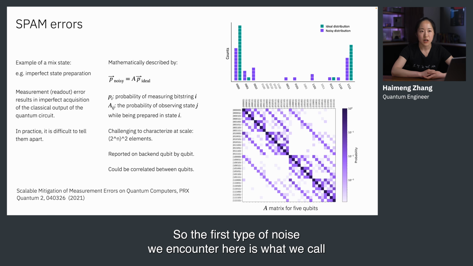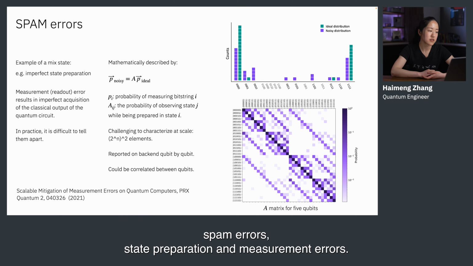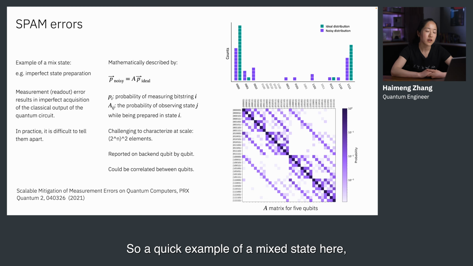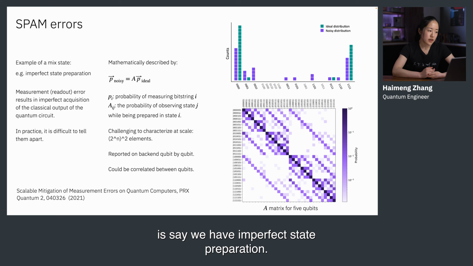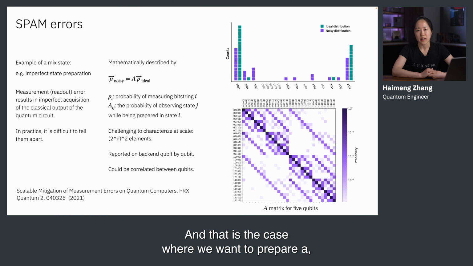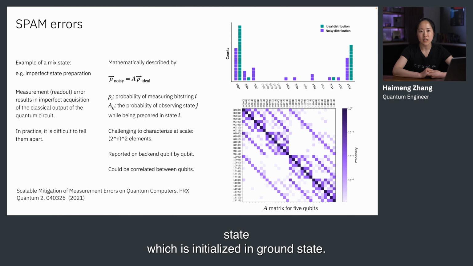The first type of noise we encounter here is what we call SPAM errors, state preparation and measurement errors. A quick example of a mixed state here is, say, we have imperfect state preparation. That is the case where we want to prepare a state initialized in ground state, but in practice, we don't have the full information of the state.